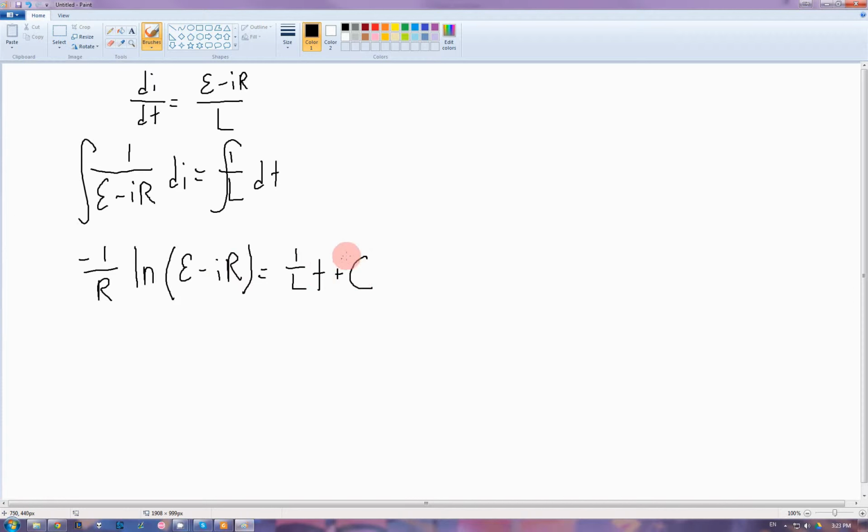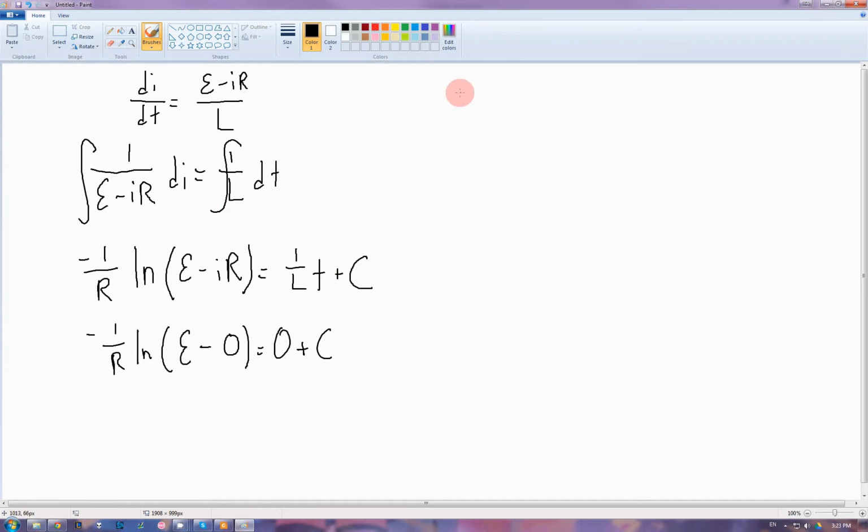Now we can solve for C. We know that when t is equal to 0, then the current is equal to 0 as well, again because it doesn't increase instantaneously. So we can see that C is negative 1 over R times the ln of the EMF.